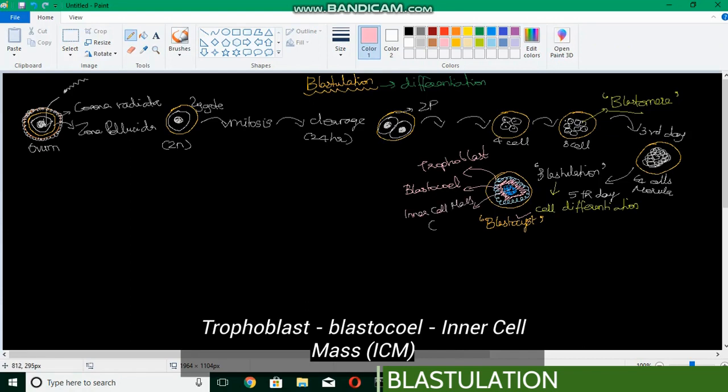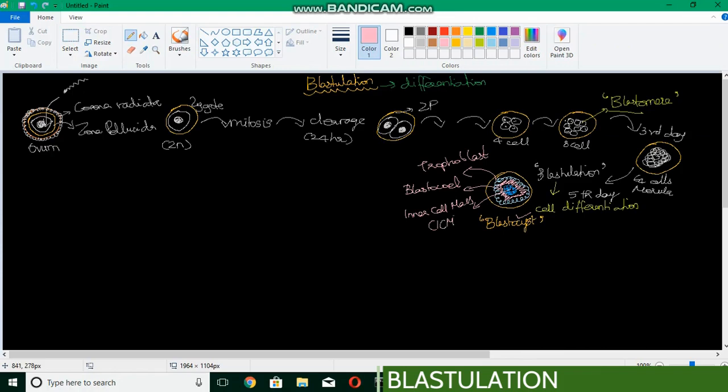It's abbreviated as ICM. Now, let's see what is the difference between a blastomere and any cell inside the blastocyst. So we have two different cell populations: the blastomeres and the blastocyst cells.